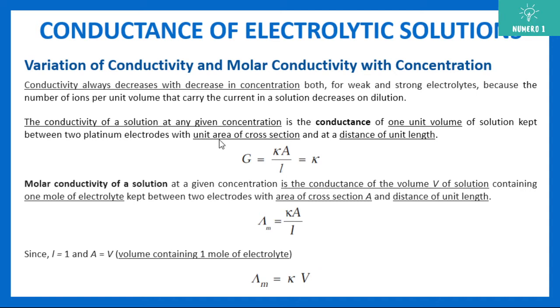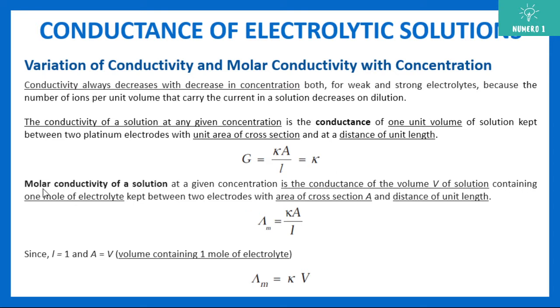So if you see here, the unit cross section area is there and a unit distance is there, so both the values are 1. Hence conductance is equal to kappa, that is conductivity. So conductivity of a solution at a given concentration is basically the conductance under these conditions. That's why here G is equal to kappa.